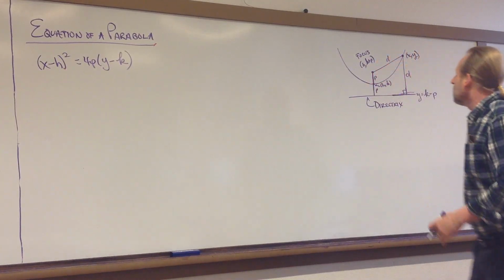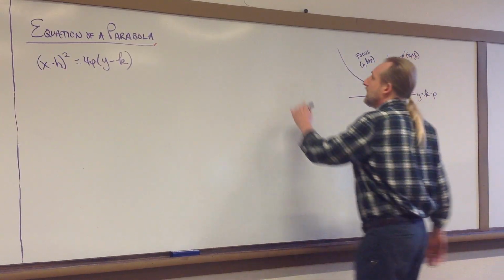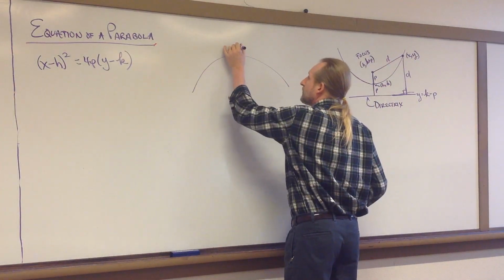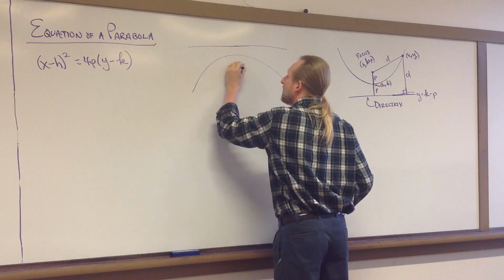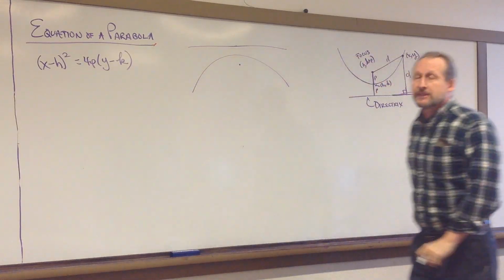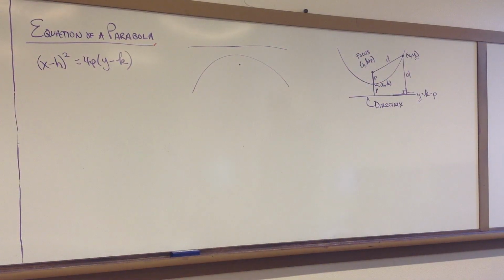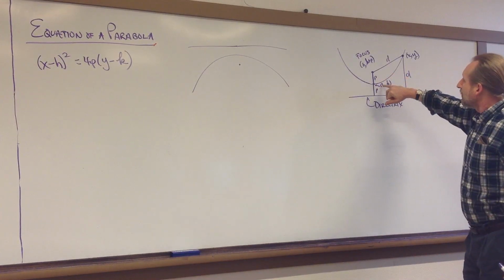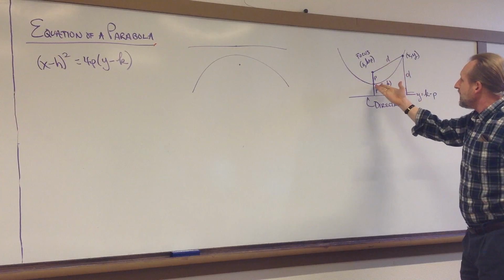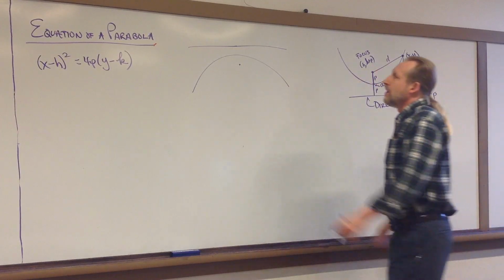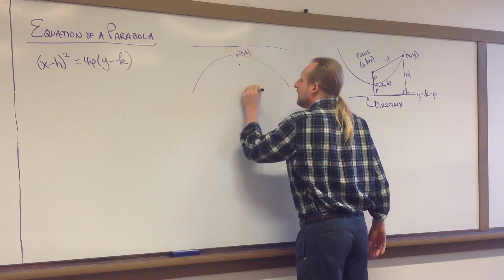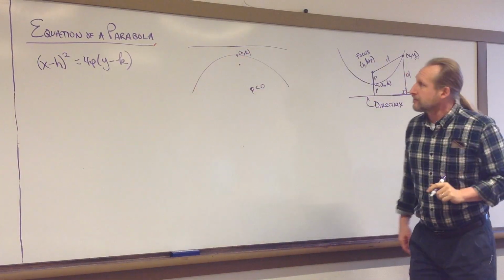All right, now, if the parabola is flipped upside down, like this, that means the directrix is back here, and the focus is now right there, okay? And what that means is that this p-value, if this is k plus p in this scenario, for that to work out here, that says that p is going to be negative.